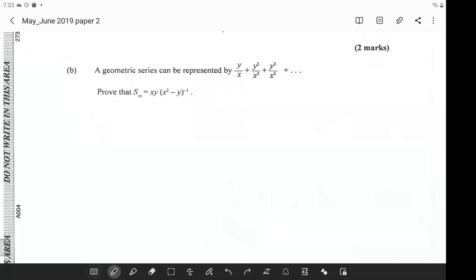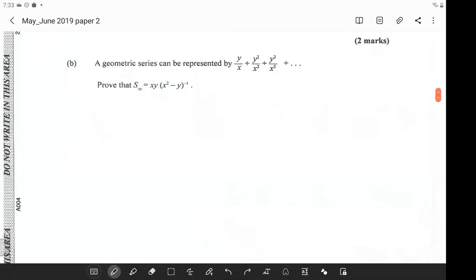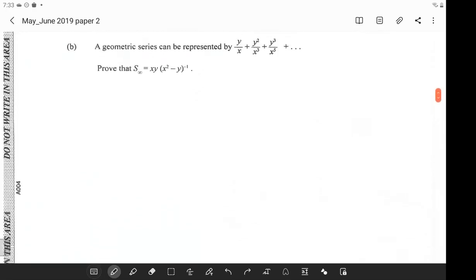So notice they want us to prove that the sum to infinity is xy over x squared minus y, raised to the negative 1 power. So this may be a lot to take in, but we are told that it is a geometric series. So that means that it has a common ratio, and they want to get the sum to infinity. Notice the amount of marks is 4 marks.